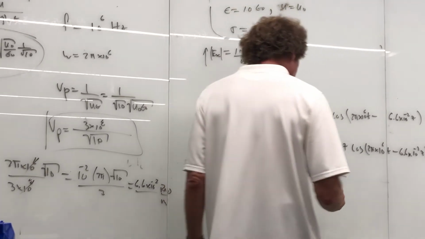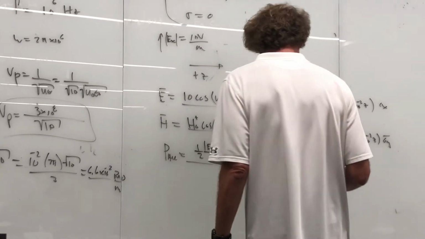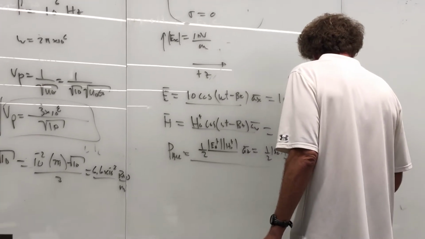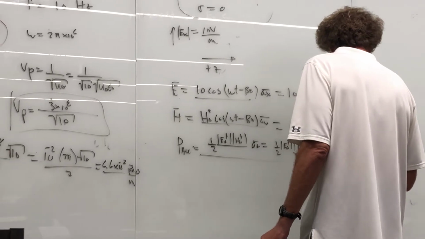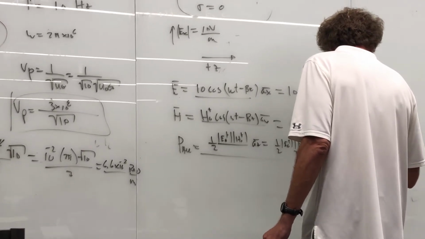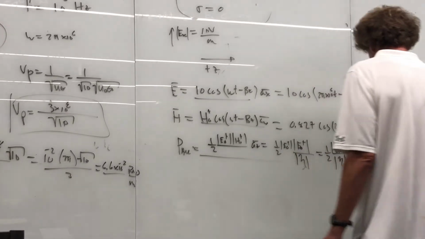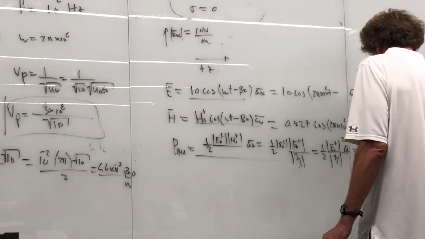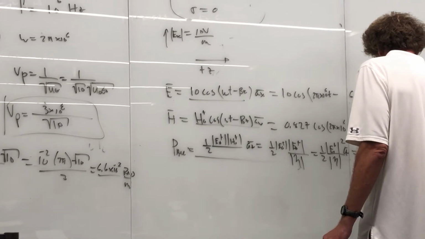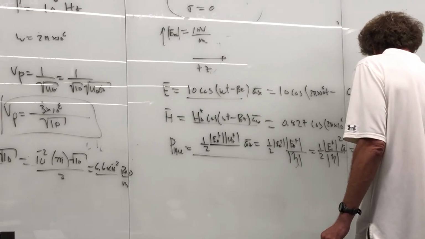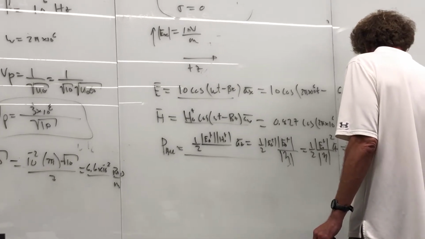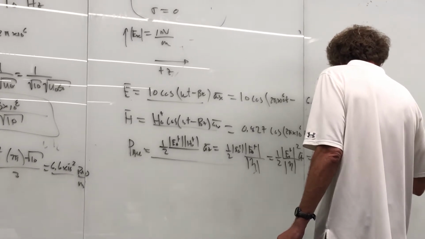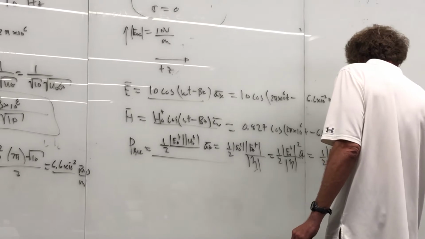So this is just 1/2 magnitude of E naught plus squared divided by magnitude of eta in the AZ direction, or it's 1/2 times magnitude of 10 squared over 120 pi divided by the square root of 10 AZ, and that would be watts per meter squared.